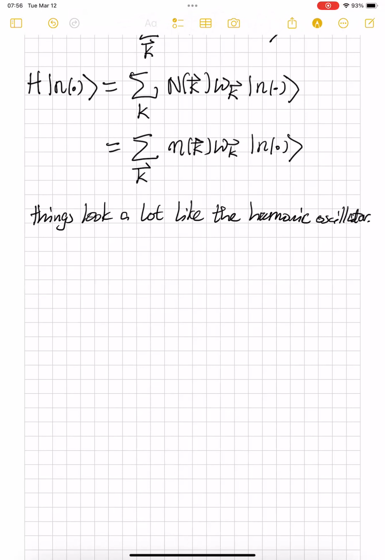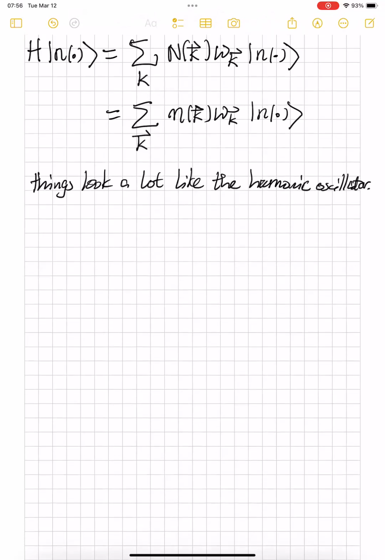So let me explain what I mean. You've studied the harmonic oscillator in your non-relativistic quantum mechanics course, and you might remember that after a little bit of manipulating things and dropping a ground state energy, your Hamiltonian looked like omega times A dagger A. A dagger A was the number operator. It simply told you how many quanta there were inside your state.